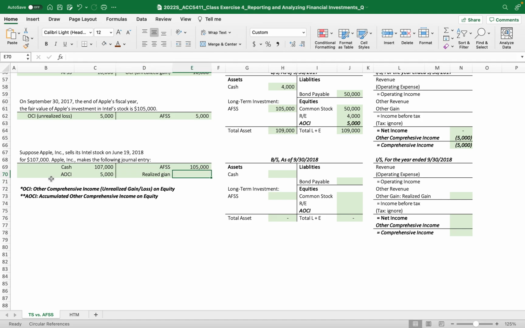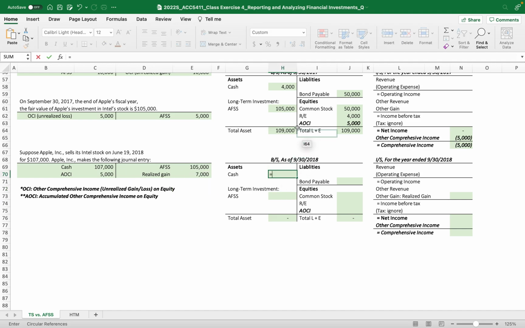How much is that? 107 minus 100,000, right? Or you can just plug in the difference between the sum of debit balance and the credit balance, right? Okay. Yeah, pretty simple.